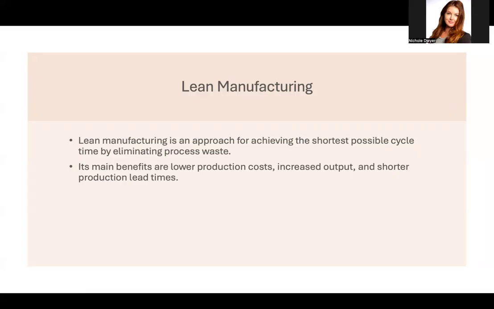It's an approach where we achieve the shortest possible cycle time by eliminating process waste, not just product waste, but process waste. It's like leaning out, cutting some of the fat and becoming more lean, and it aligns with more agility within a supply chain.